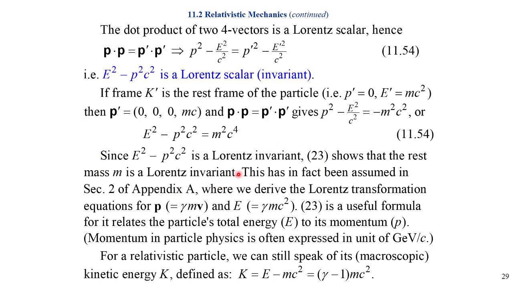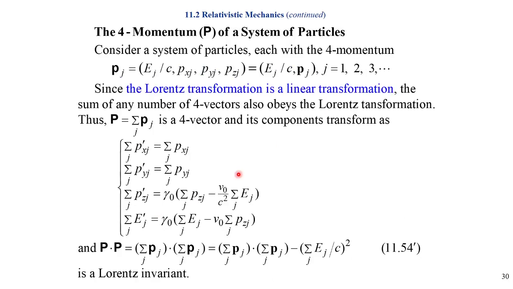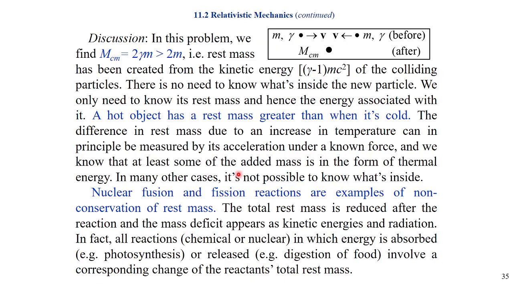However, let's go back to here. Here, they combine into one. That's the rest mass. After inelastic collision, the rest mass changed to M_cm and is greater than the original two particles.